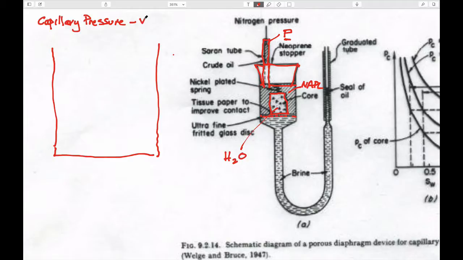Versus saturation curve, I guess. And so maybe not surprisingly, since we're calling that, the units of this are saturation from 0 to 100%, and it's water saturation.